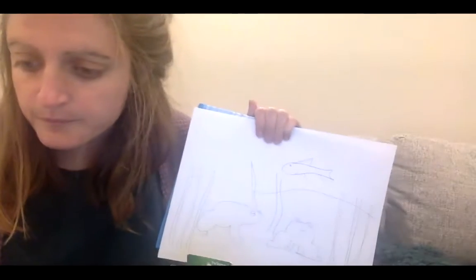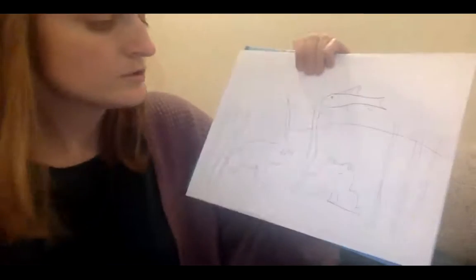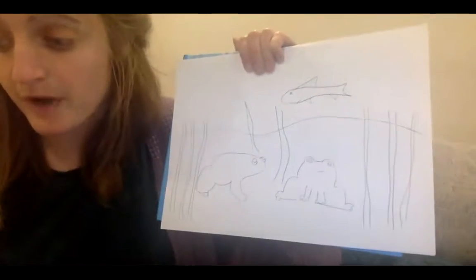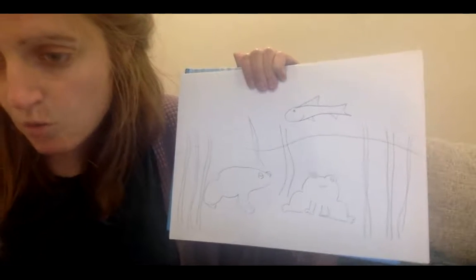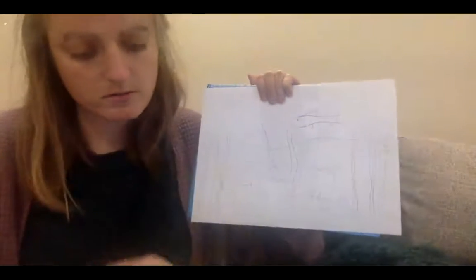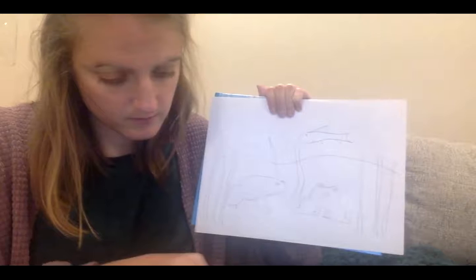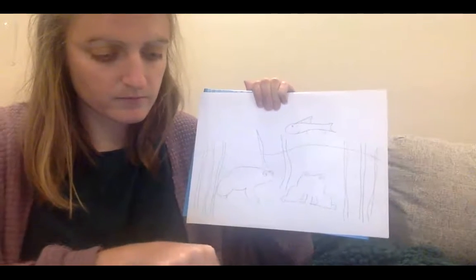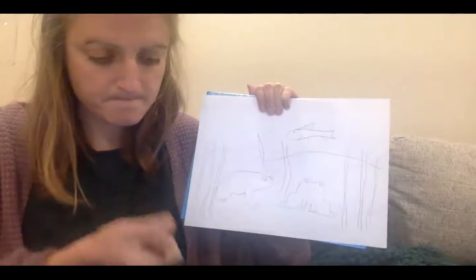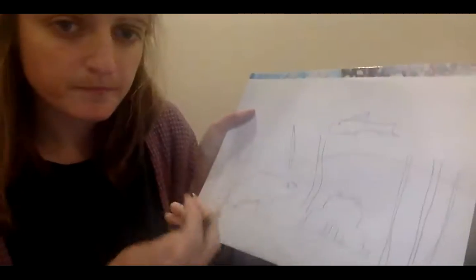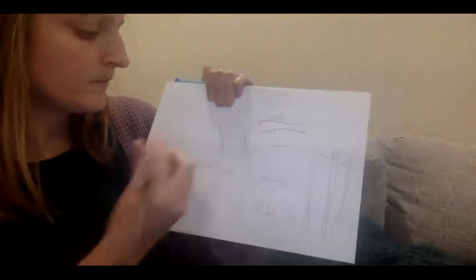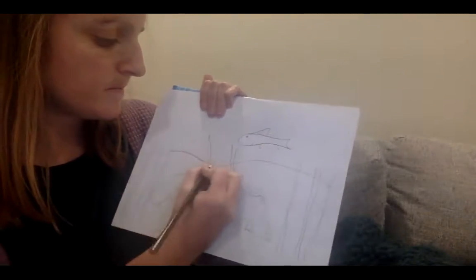Okay, so I'm going to color in this area brown. That's really, really important because that is the mud where the frogs are hibernating. Take out a brown. An outline.